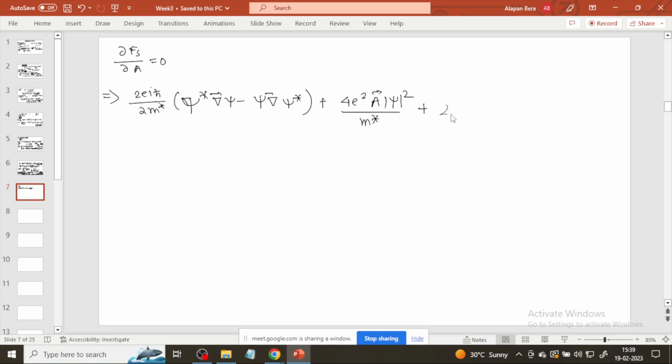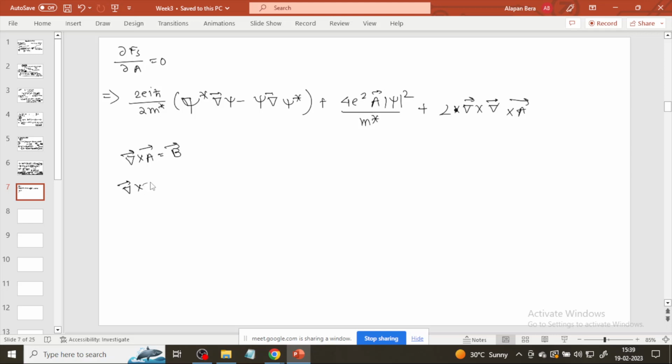So 2 into curl of A. Now we know that curl of A is the magnetic field B.